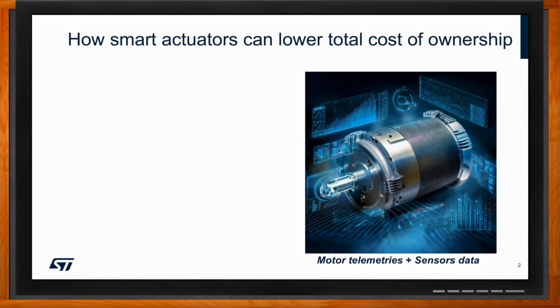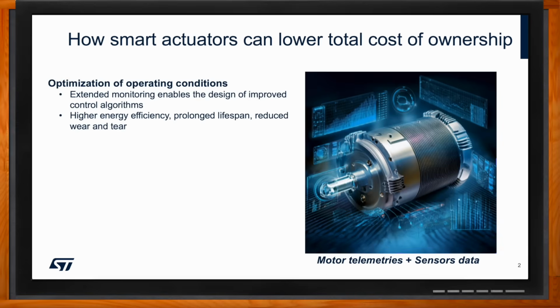And your algorithms to control it must become smarter. At this point, you have a smart actuator where you can optimize the behavior, making sure that the system always operates at its best operating point, taking into consideration boundary conditions to improve efficiency and lifespan.